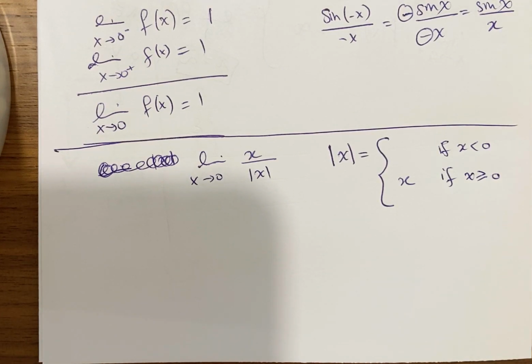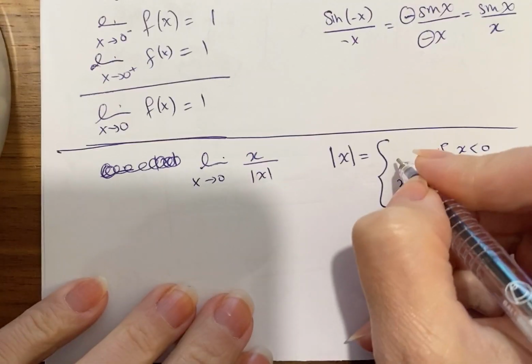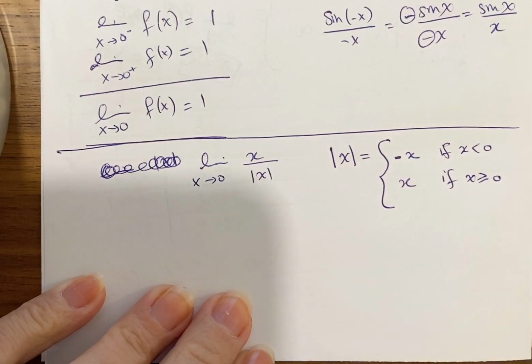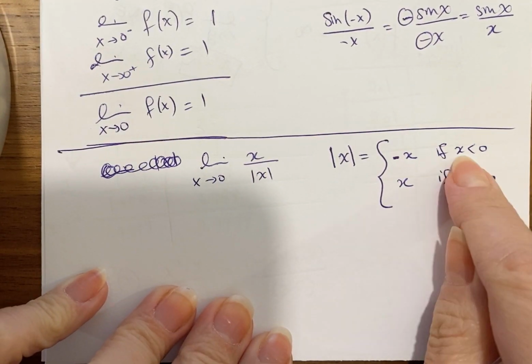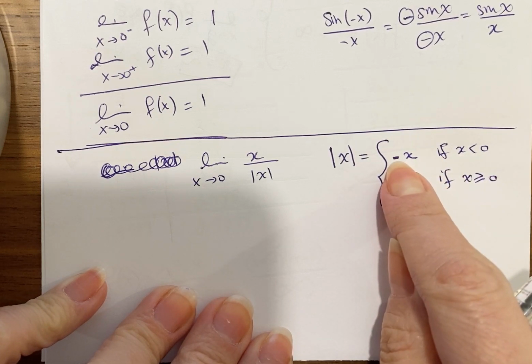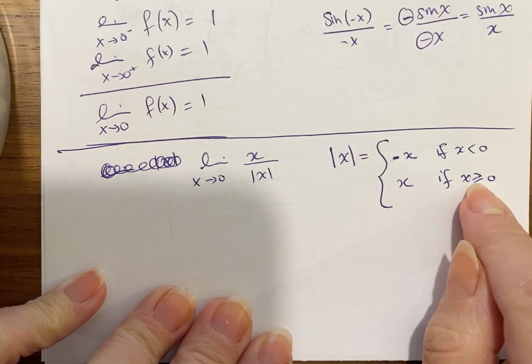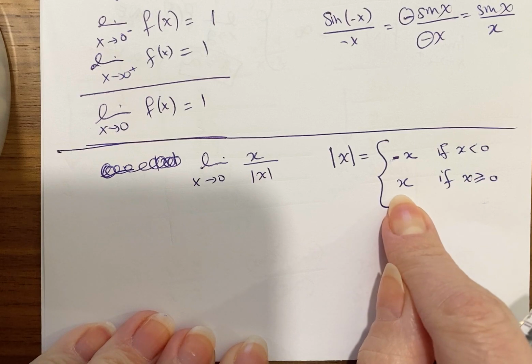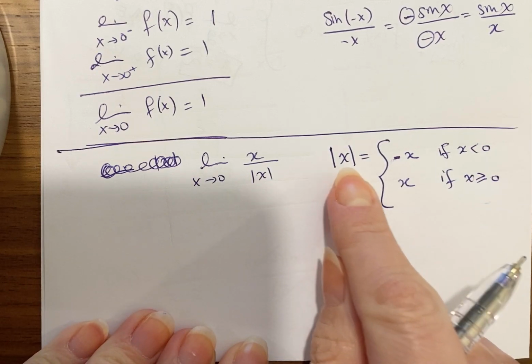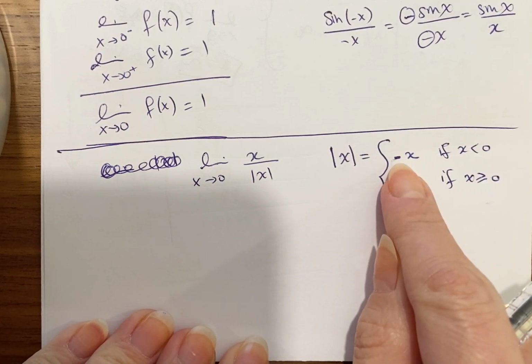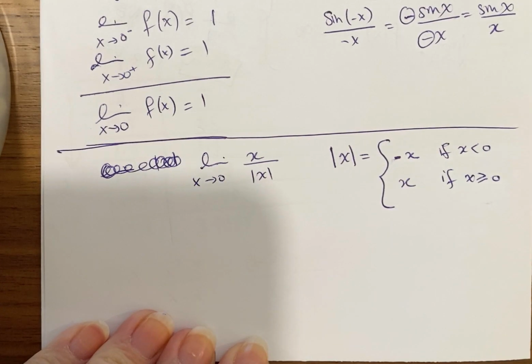How do you change a negative number into a positive number? You multiply it by a minus sign. So if the number is negative already, you multiply it by a minus sign and it becomes positive. If a number is positive already, it stays the same. So absolute value of minus 2, since minus 2 is negative, becomes minus of minus 2, which is 2.